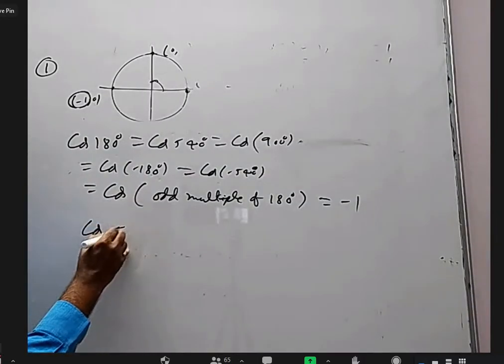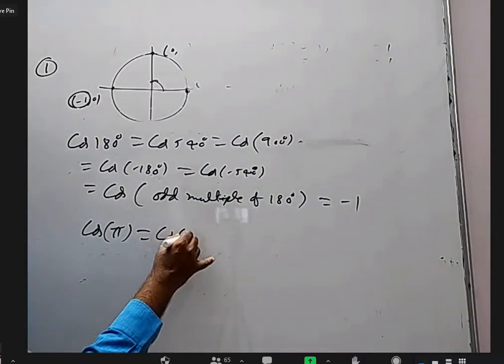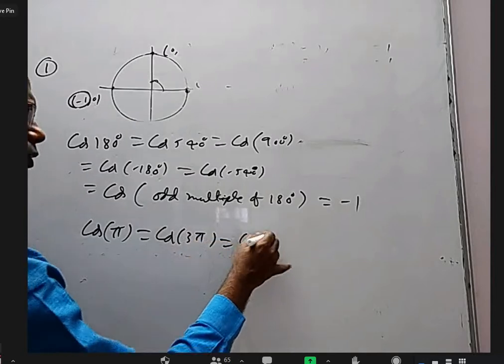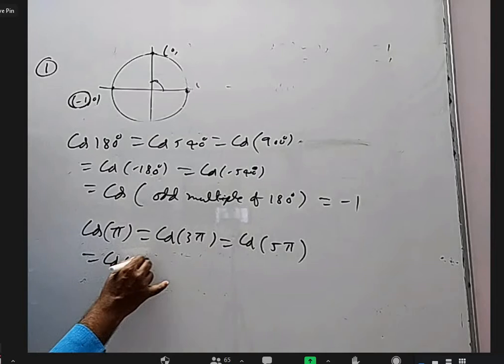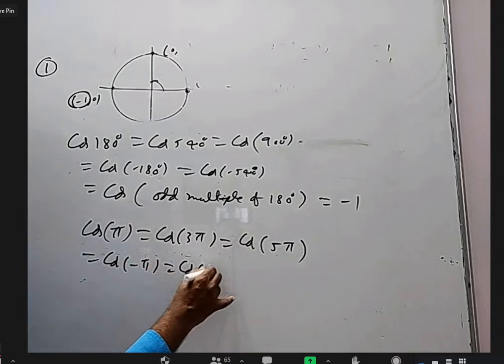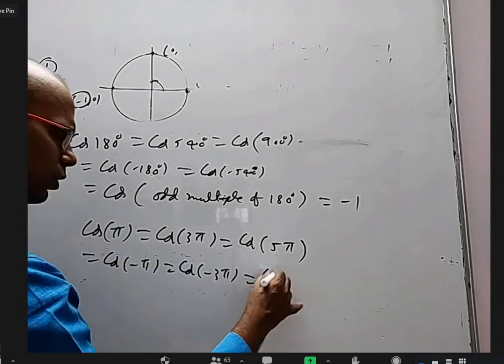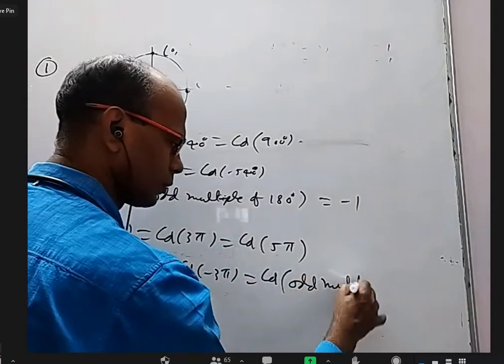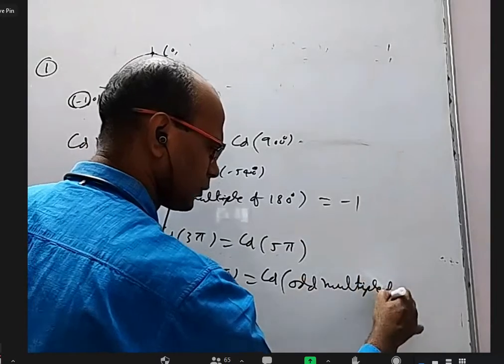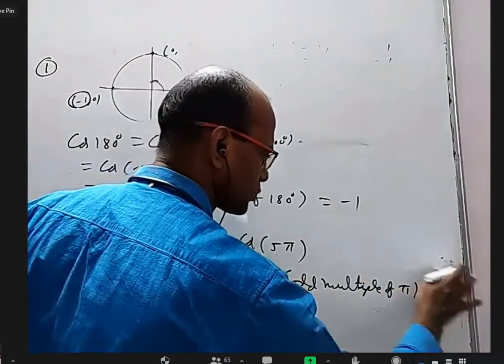Same thing in radians. Cos pi is 180 degrees. Cos 3 pi is this. Cos 5 pi is this. This is same as cos minus pi or cos minus 3 pi. Cos of odd multiple of pi is equal to minus 1.